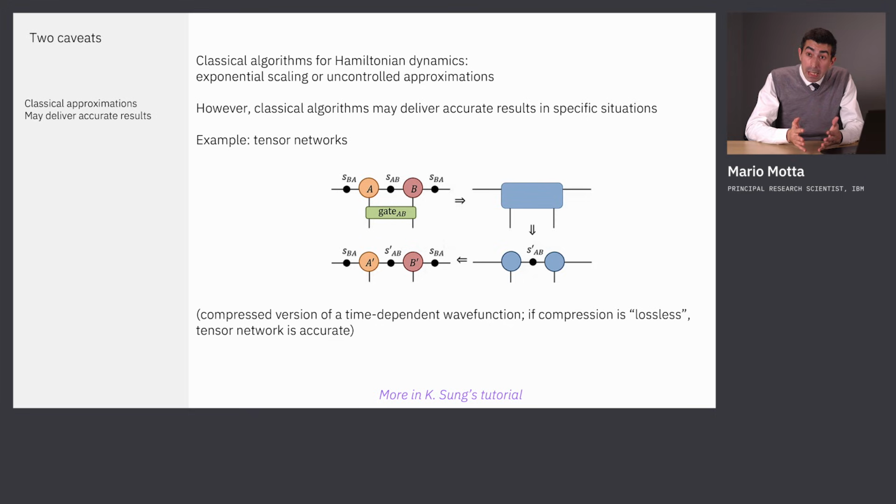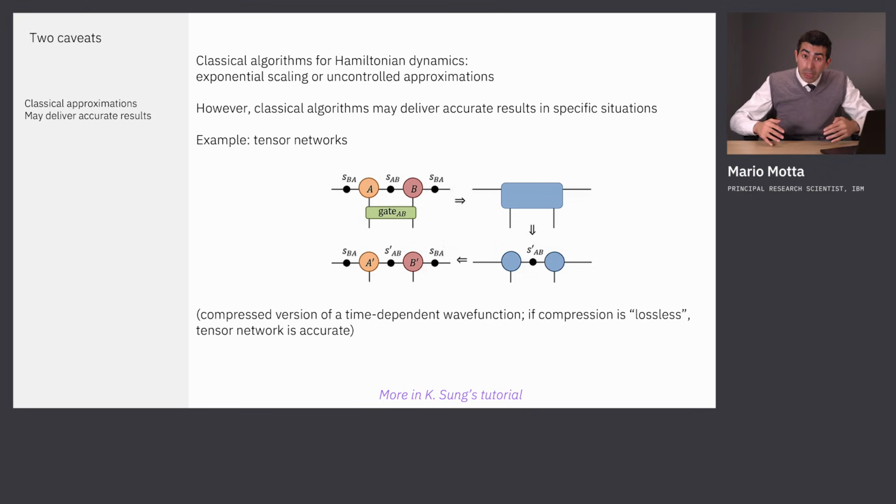A family of classical algorithms that are being used more and more for the simulation and the characterization of quantum circuits are tensor networks, wherein, very concisely, one is trying to take the combinatorially large wave function that would correspond to a time-evolved state and compress it in a way that reflects a certain entanglement structure in the wave function itself.